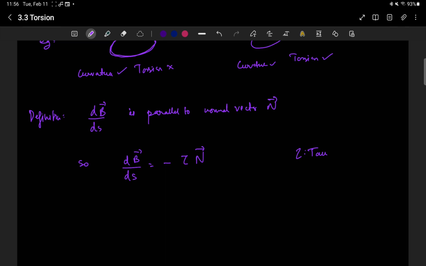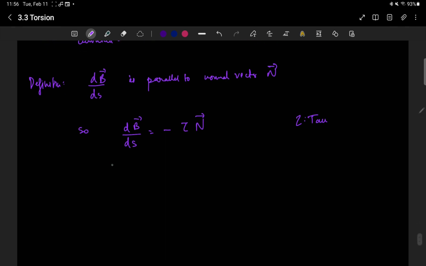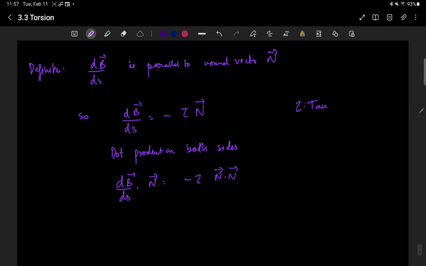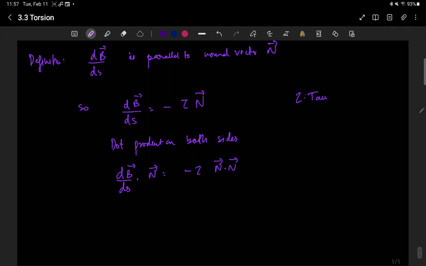Now if we take the dot product on both sides, what you get is dB over ds dot N equals negative tau N dot N. But N dot N is just 1, because it's a unit vector.